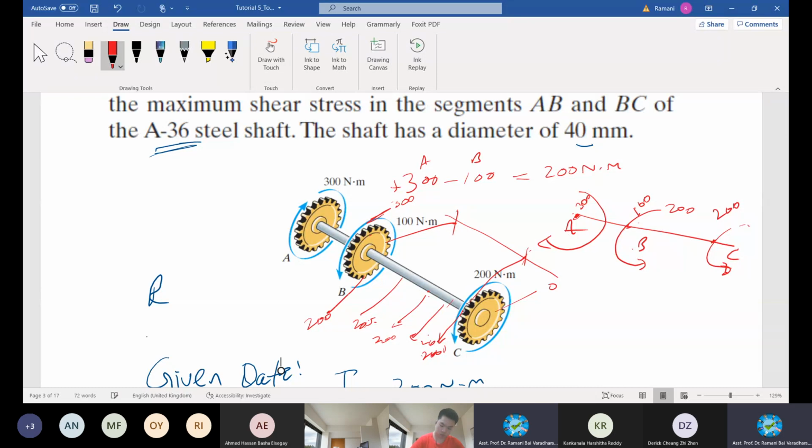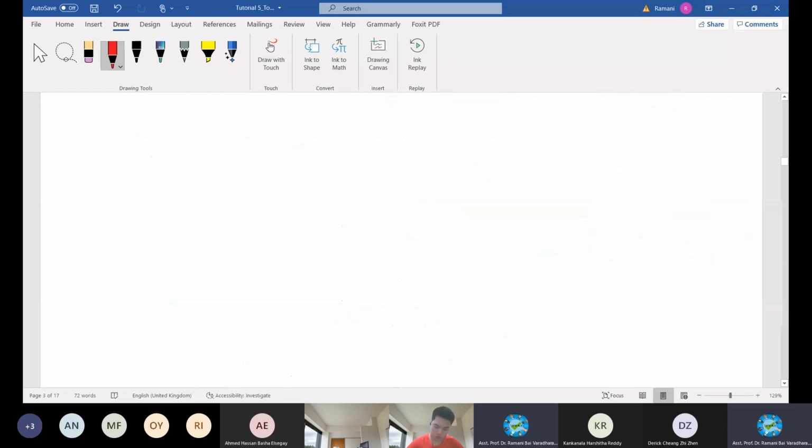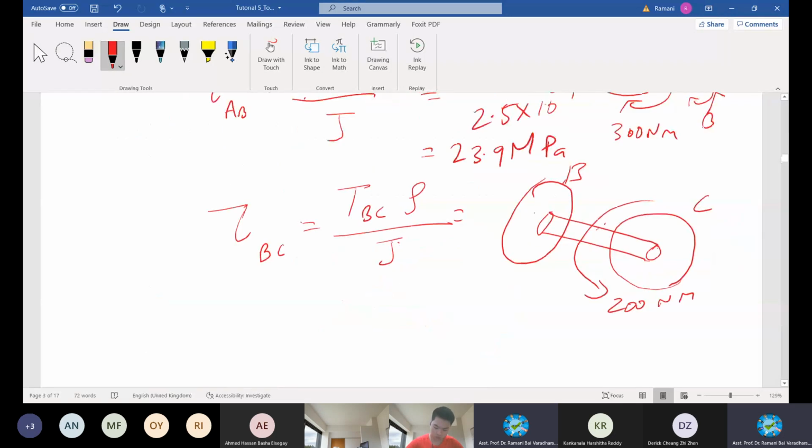Start 200, 200, 200, and when it reaches here, positive 200 minus negative 200 will be 0, as the system is rotating in its position with the given moment. Any question?